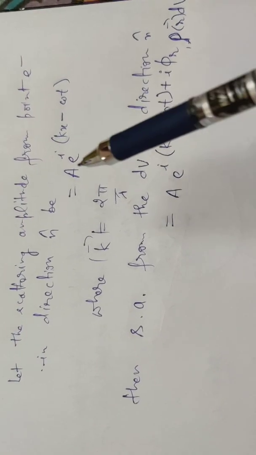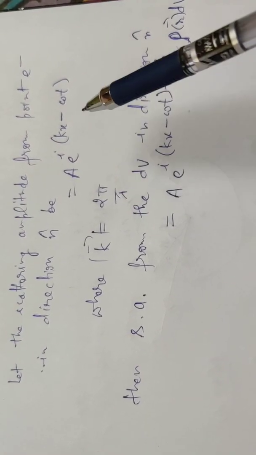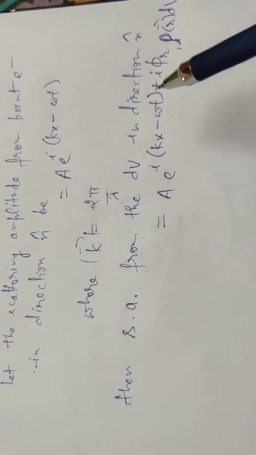So now this is the scattering amplitude for a point electron, and this is the scattering amplitude for your volume charge distribution in an atom.